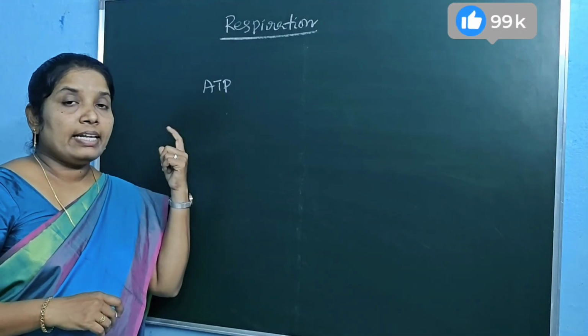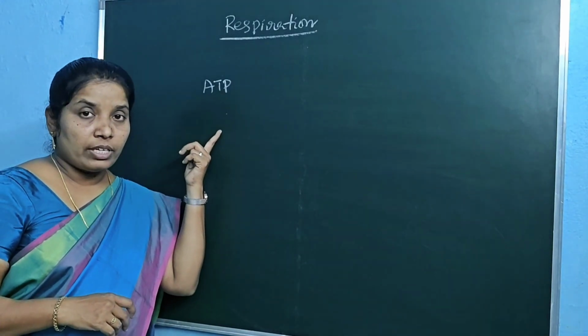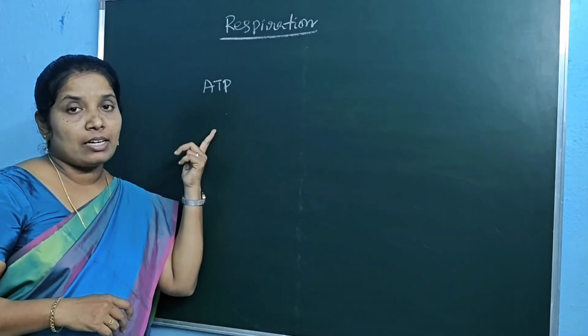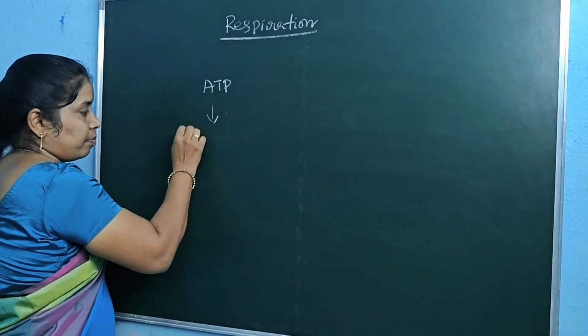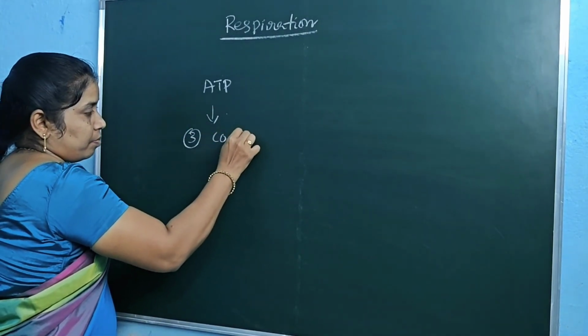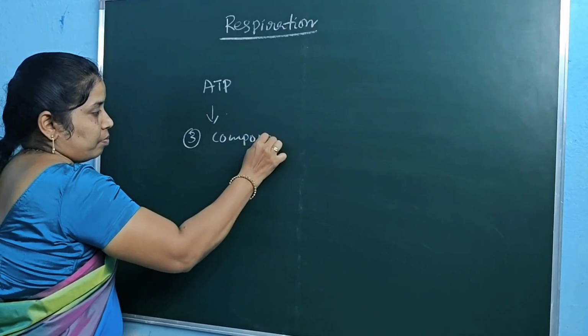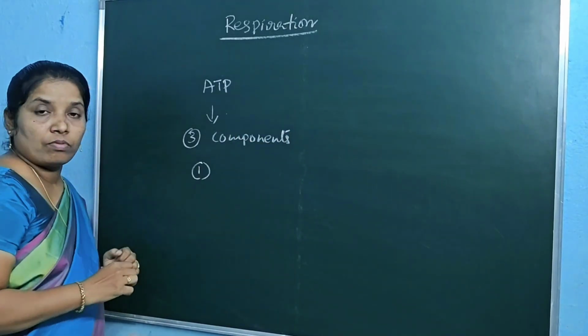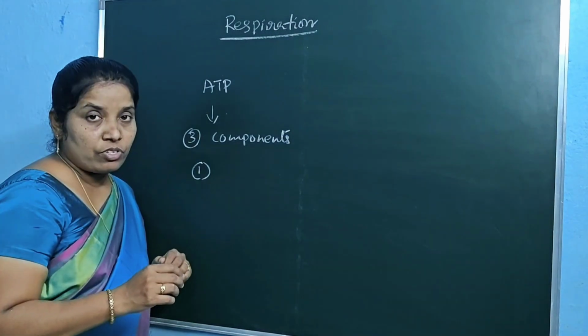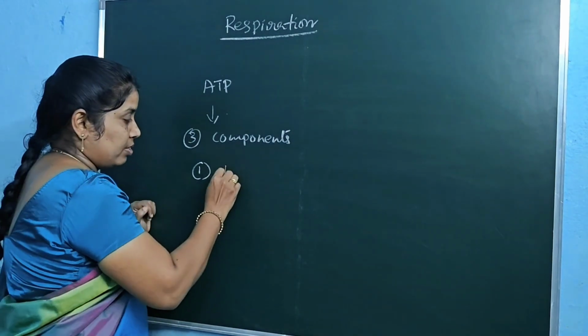ATP is a nucleotide. It consists of three major components. First one is the nitrogen base adenine.